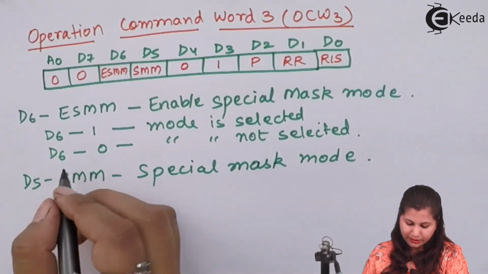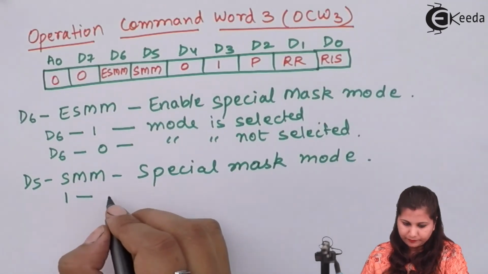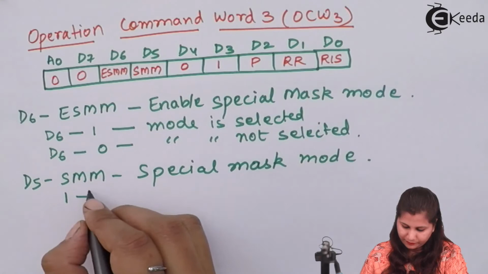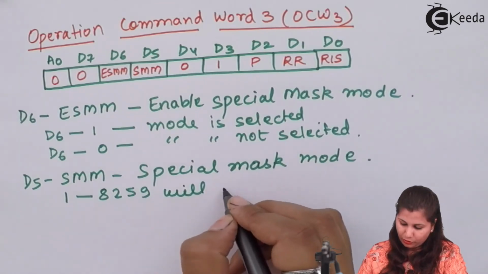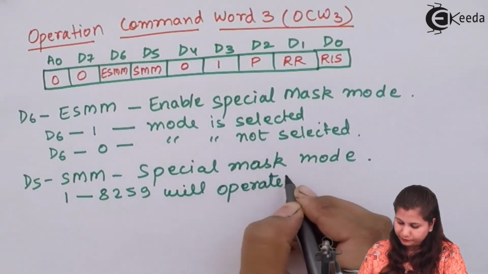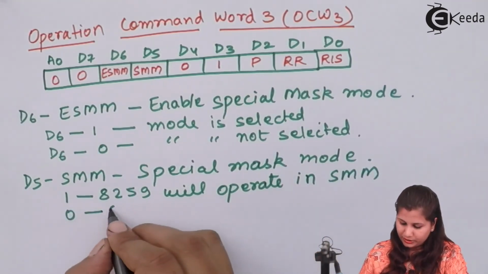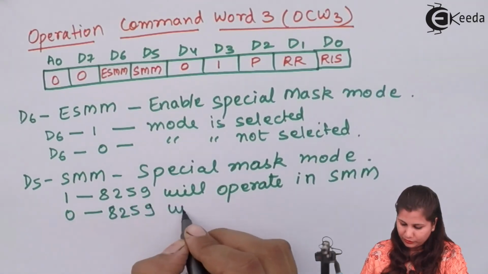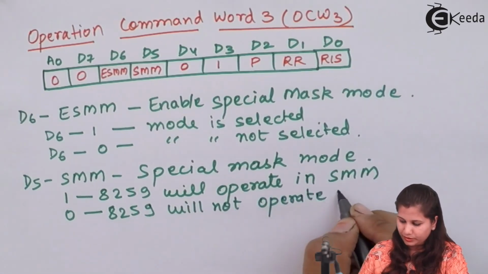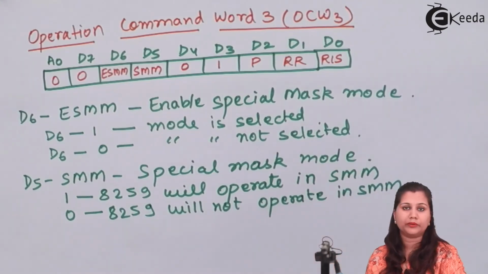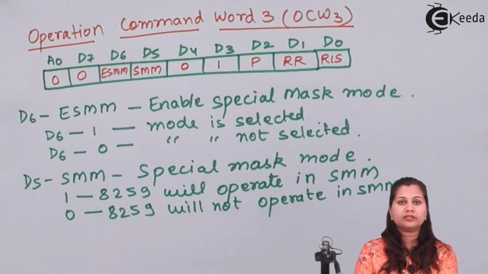When this bit is 1, it means that 8259 will operate in special mask mode, and if it is 0, then 8259 will not operate in special mask mode. So these two bits are used to enable, disable or select the modes.